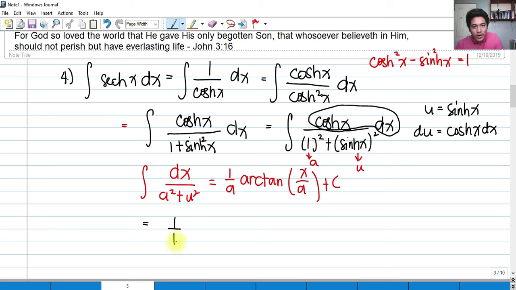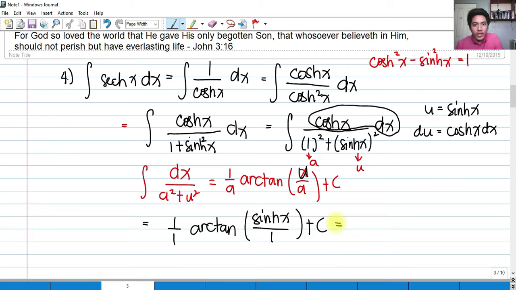Our a is 1, so we have arctan of u over a, that is hyperbolic sine of x over 1, plus c.